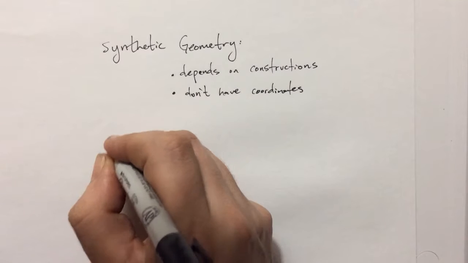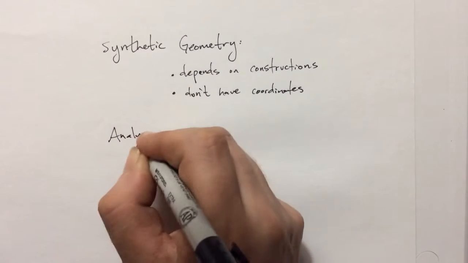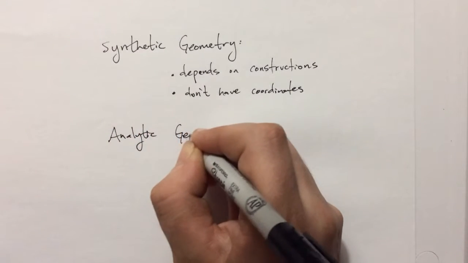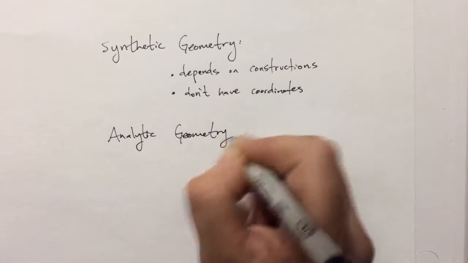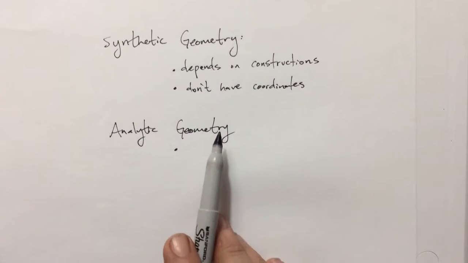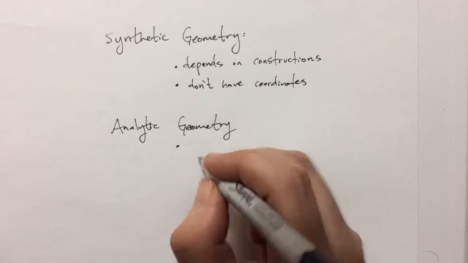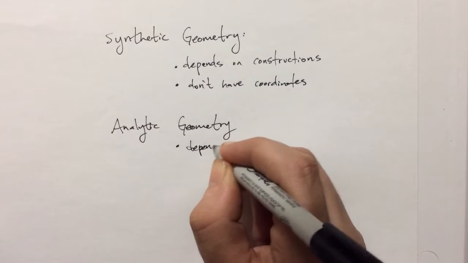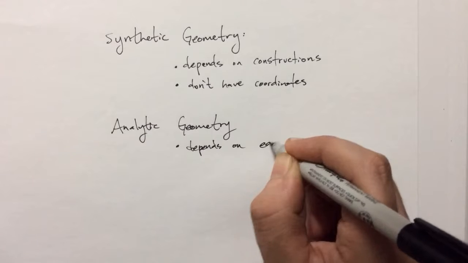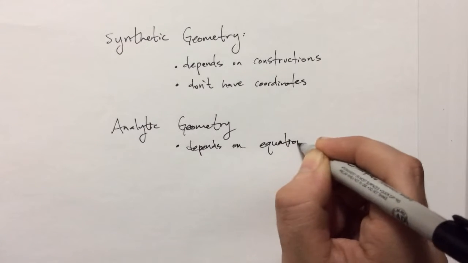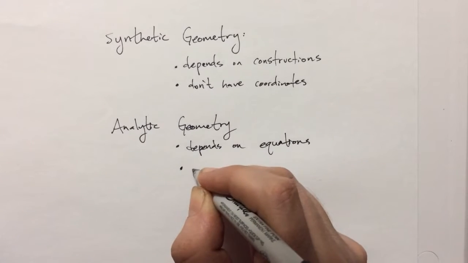On the other hand, analytic geometry is geometry that was developed after the Enlightenment by people like Descartes and Fermat. It doesn't depend on constructions, it depends on equations, on solving equations, and the points do have coordinates.